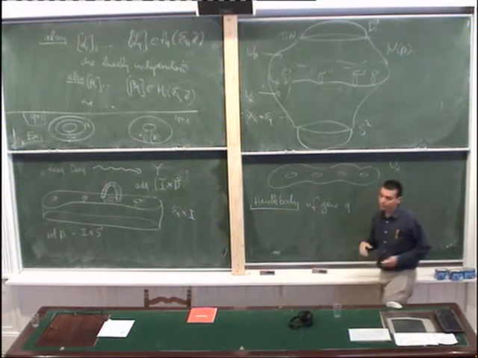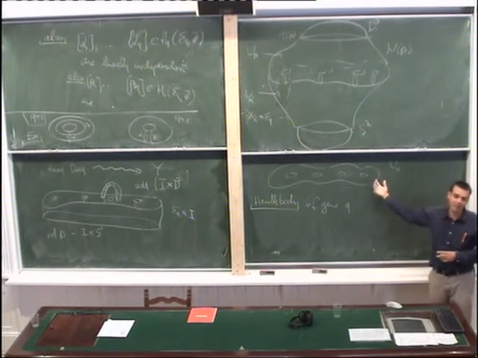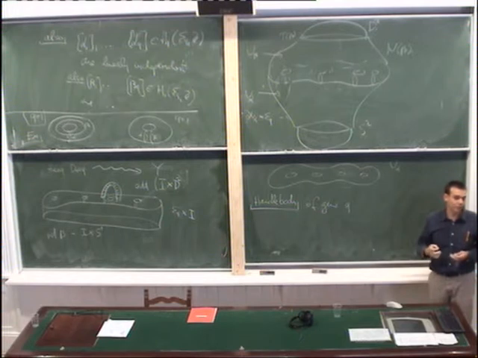And one way to see what the handle body is, just draw this surface the same way as I did in R3 and take the inside, and that's a solid three-dimensional handle body.